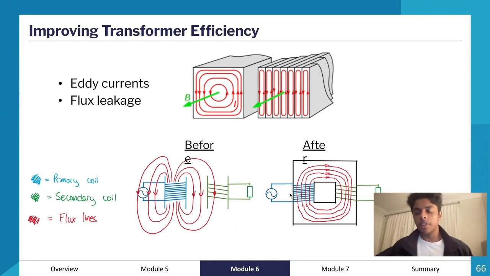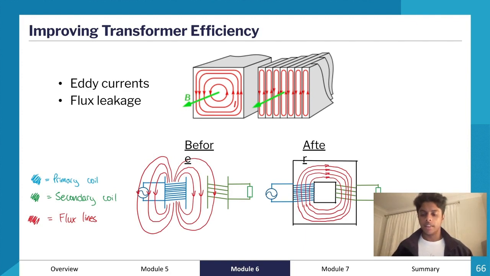Ferrites are electrically non-conductive but magnetically inductive, which means they'll minimize the formation of eddy currents because they're not very electrically conductive, but they will be very magnetically conductive, and so you have very little flux leakage.